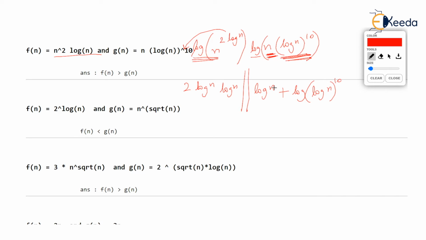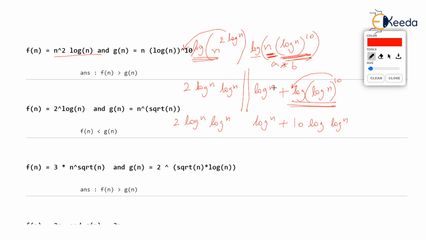I hope you are understanding, isn't it? This is a into b here, log of a into b. So just add the logarithms of a and b. So let's keep the left hand side as it is, 2 log n, and the right hand side is log n plus. Now you see this 10 will come down here. This is exponent. So 10 log n. 10 comes down there, isn't it?